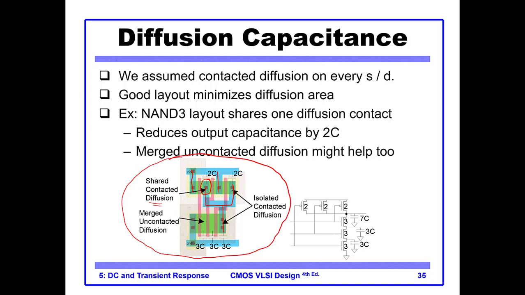And when you lay out your circuit like this, that this PMOS and this PMOS have a shared capacitance, then at the output, instead of 9C, which was for our 3-input NAND gate, we have 7C.